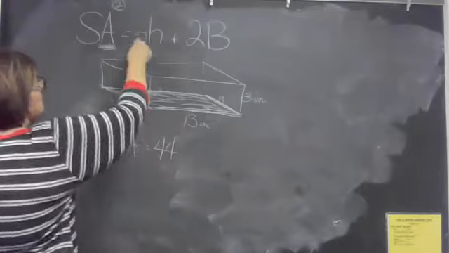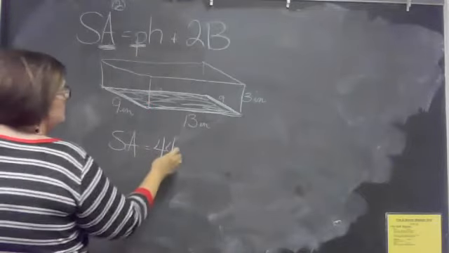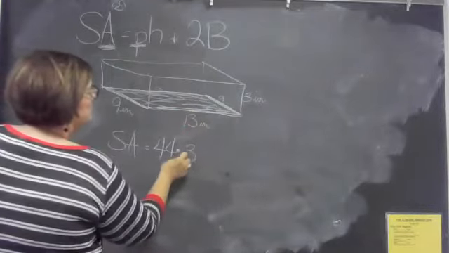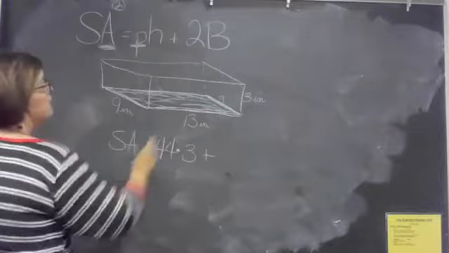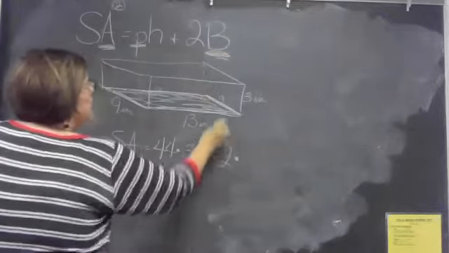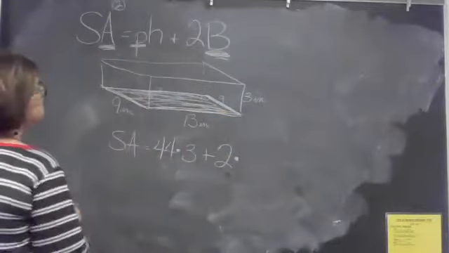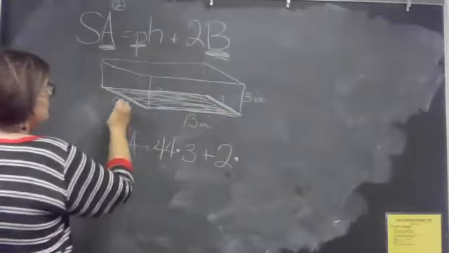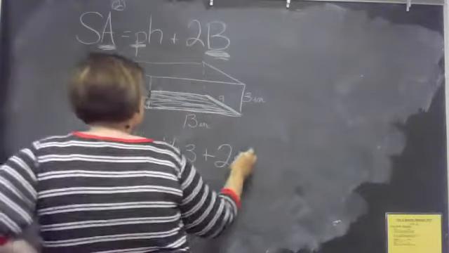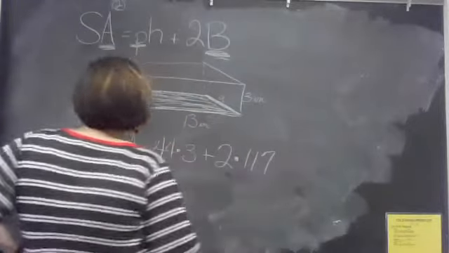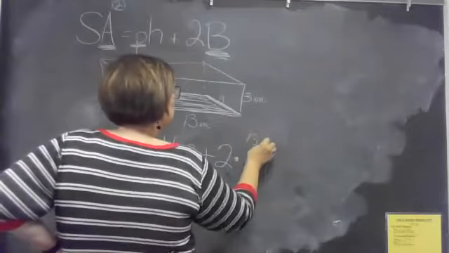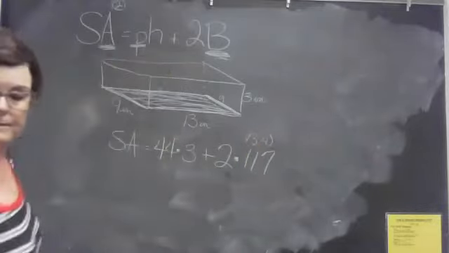So P is 44 times the height of the prism, 3, plus, now I need to find the area of the base. So 2 times whatever the area of the base is. And the area of the base is length times width, okay? So I have, I think it's 117. 13 times 9 is how I got that.